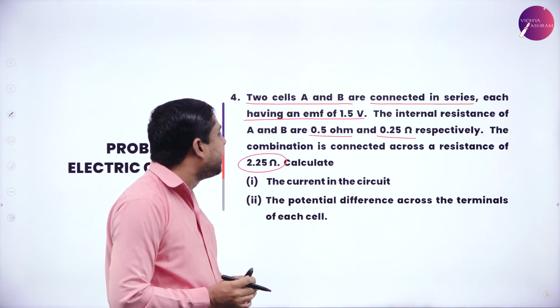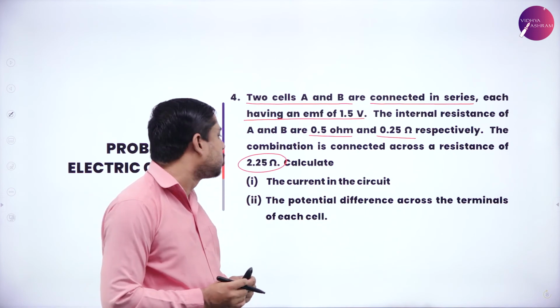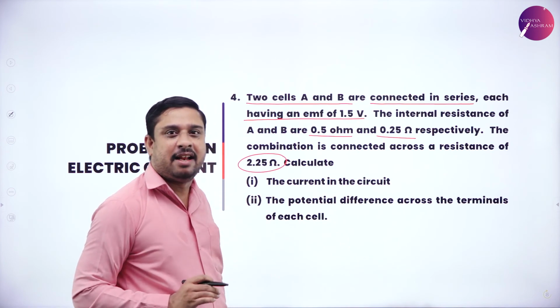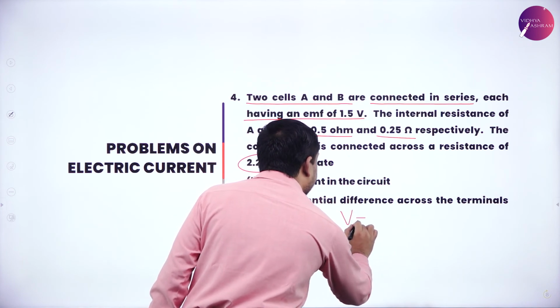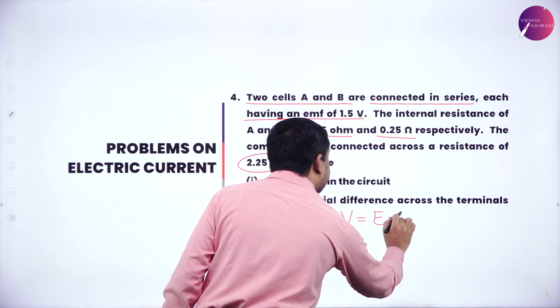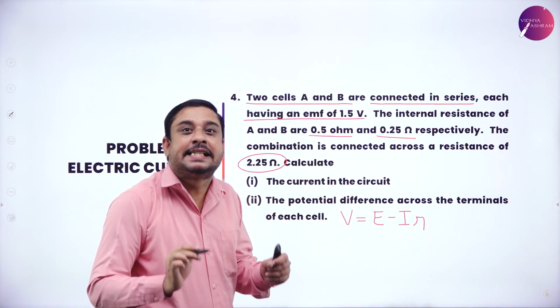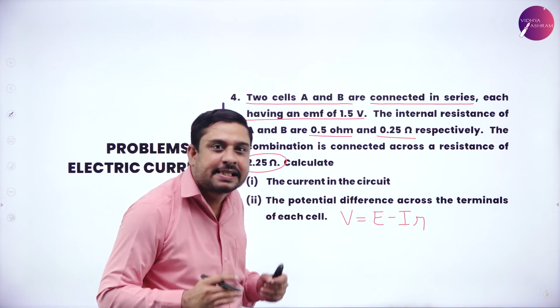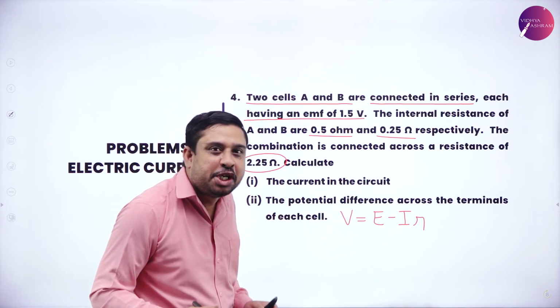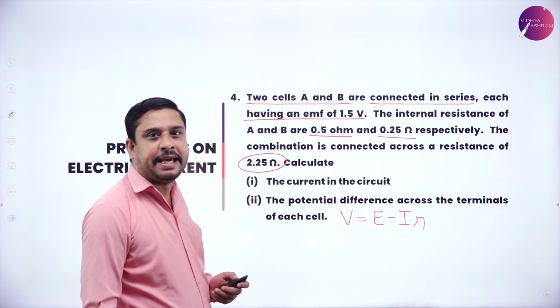The potential difference across the terminals of each cell is E minus I into R. Since it is a series combination, current remains the same. Substitute, calculate VA and VB.